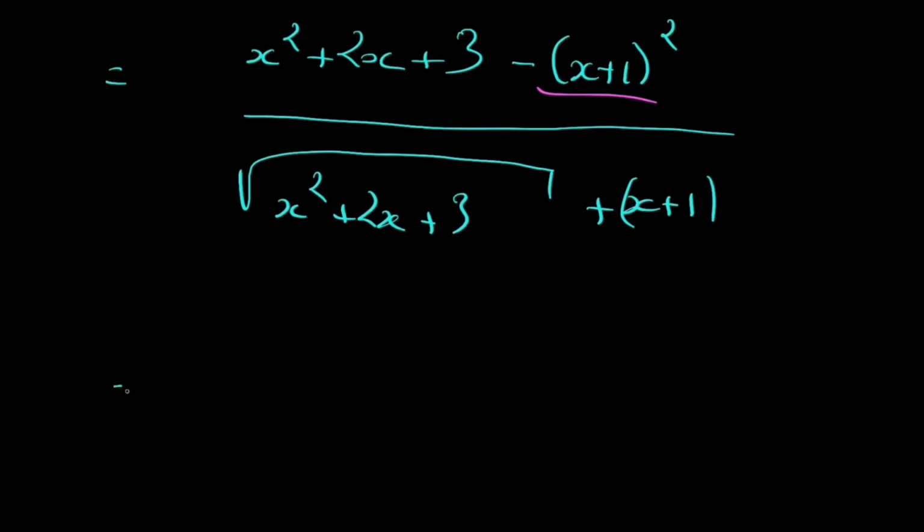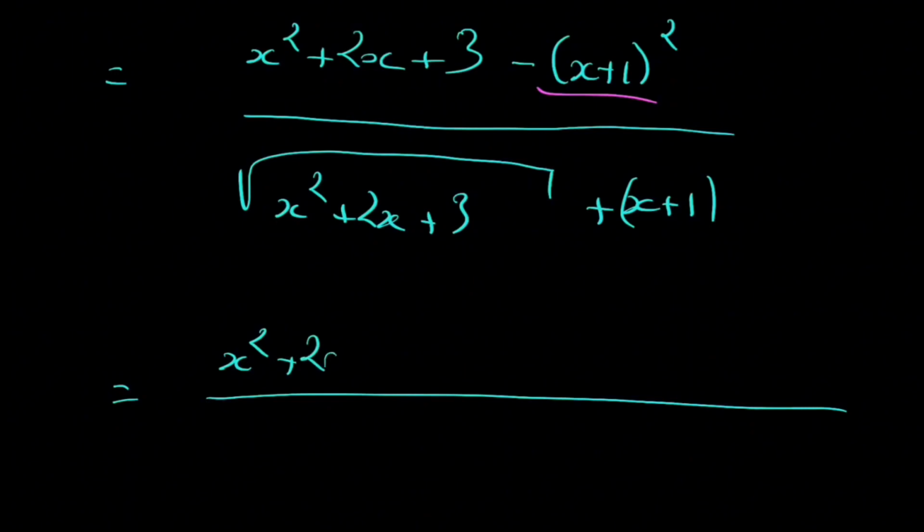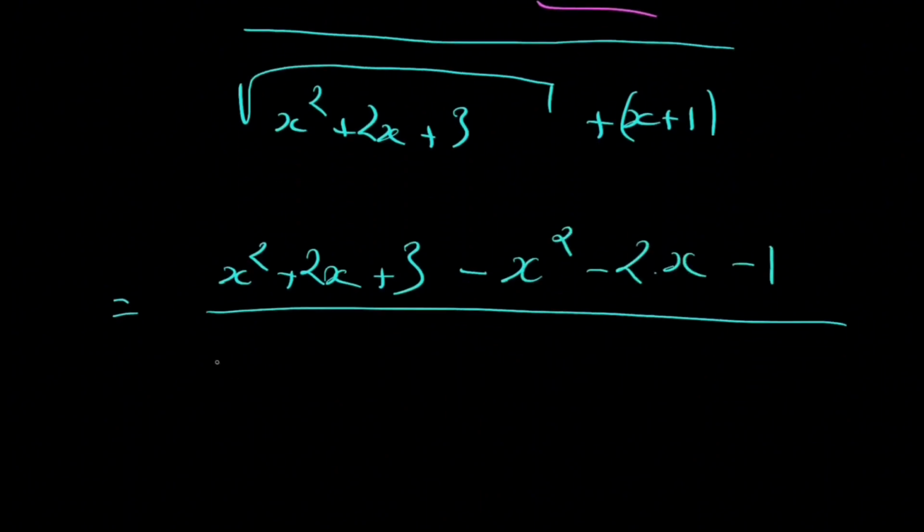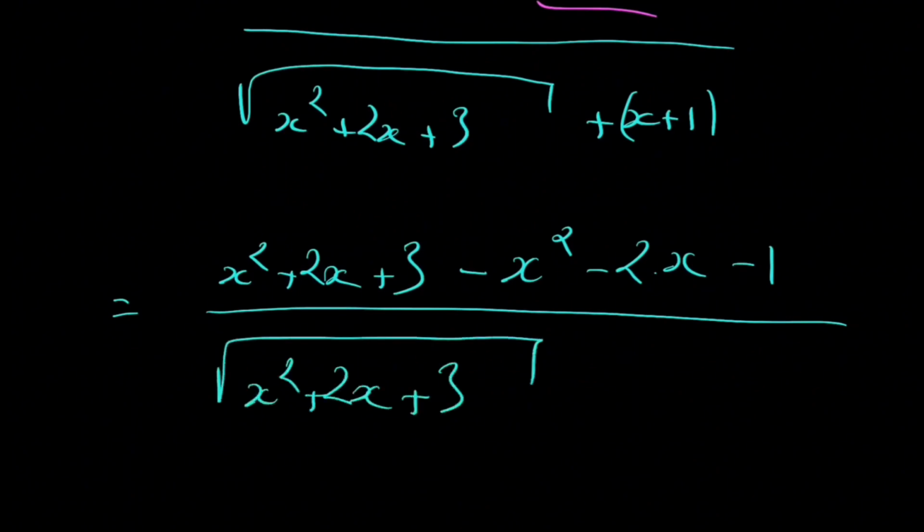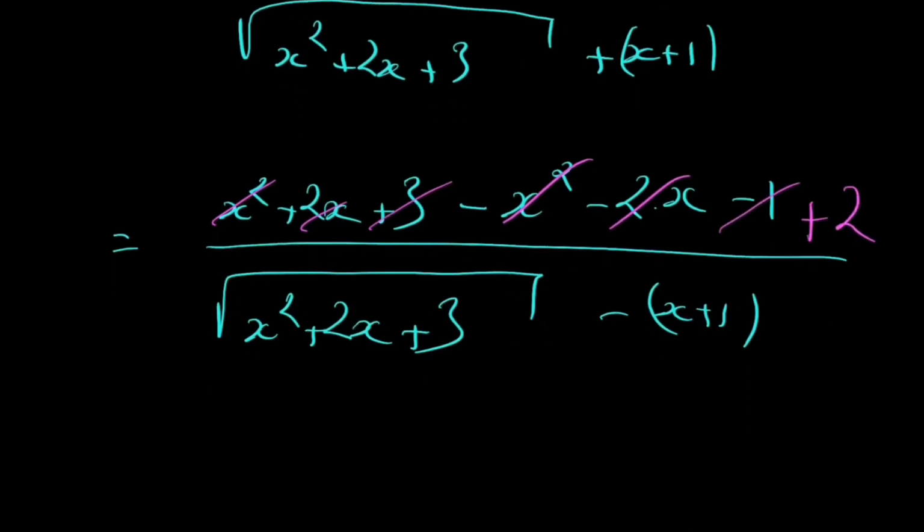So we are going to develop this. We will have x squared plus 2x plus 3 minus x squared minus 2x minus 1, over square root of x squared plus 2x plus 3 plus x plus 1. Now we can simplify this with this, this with this, and we are left with plus 2, so 3 minus 1.